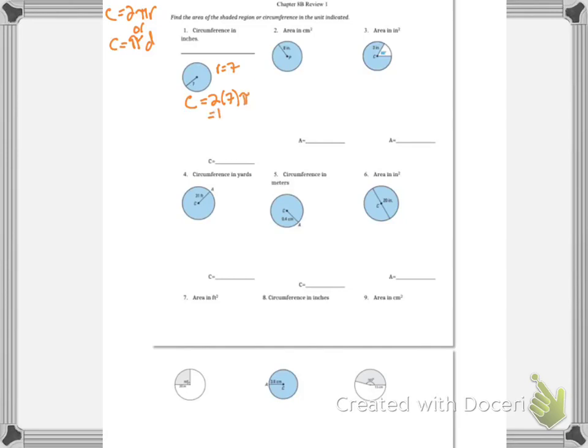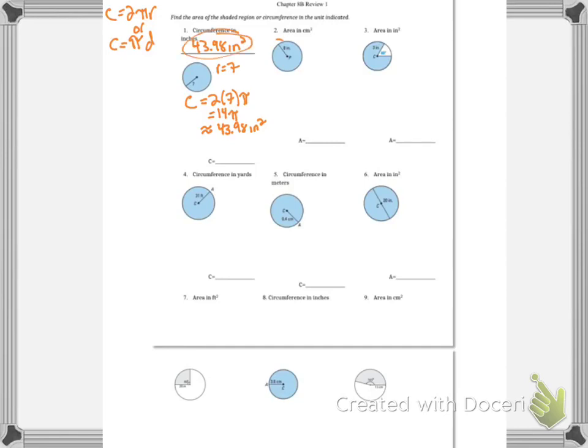That's going to be 14 pi. Let's put it in our calculators. Okay, that's approximately 43.98 inches squared. So that's going to go here.